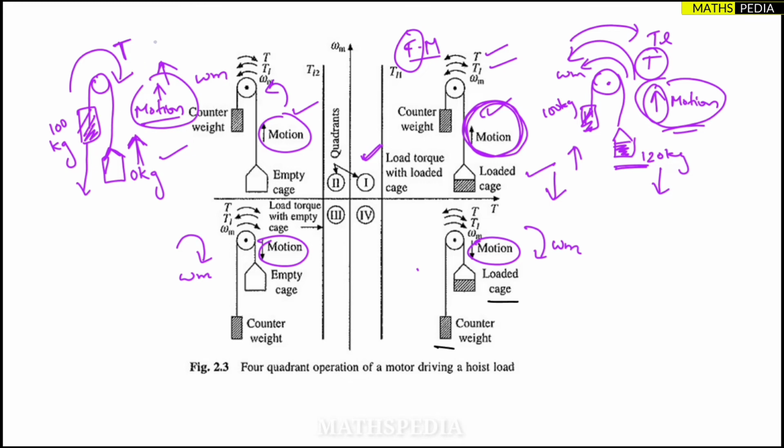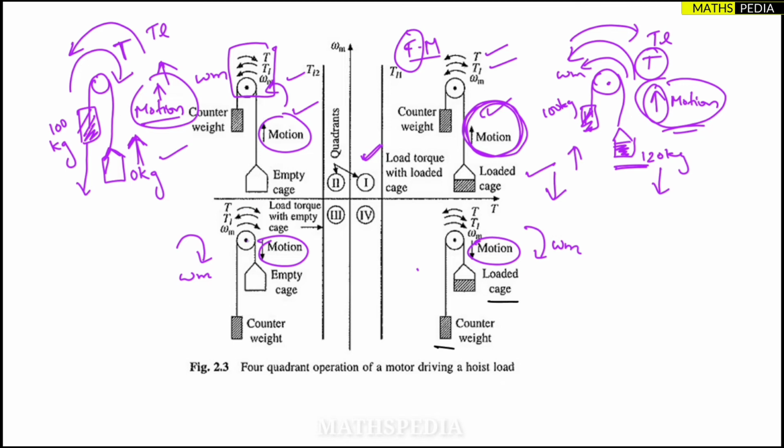So torque will be acting in the opposite direction. What about TL? TL will be acting opposite of this direction. So here you can observe this pattern. Torque is clockwise, TL is anti-clockwise, speed anyways we discussed, it is anti-clockwise only. Okay, so this is what's happening in the second quadrant.